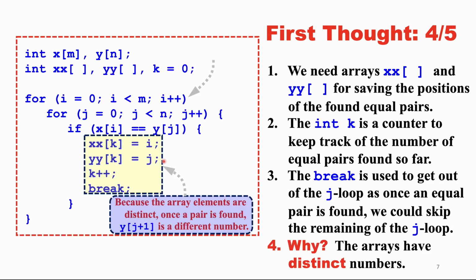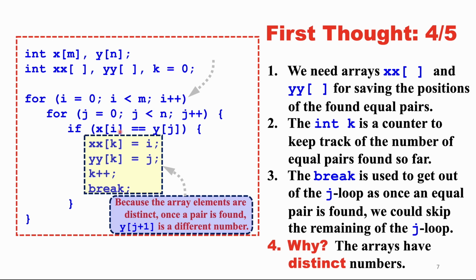So here is something in a programming version. We have two arrays, xx, yy, to store the location of the found xi and yj. This is for i, this is for j. k is a counter, so initially it's going to be 0.